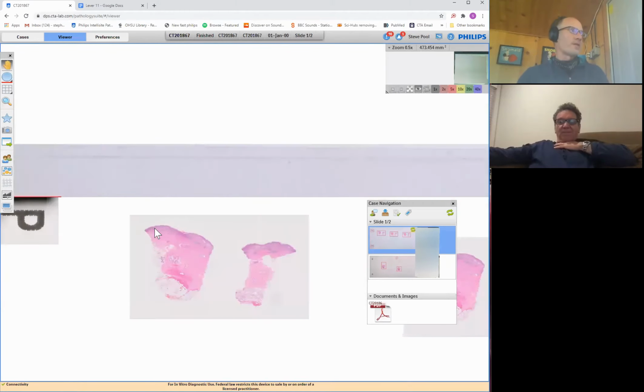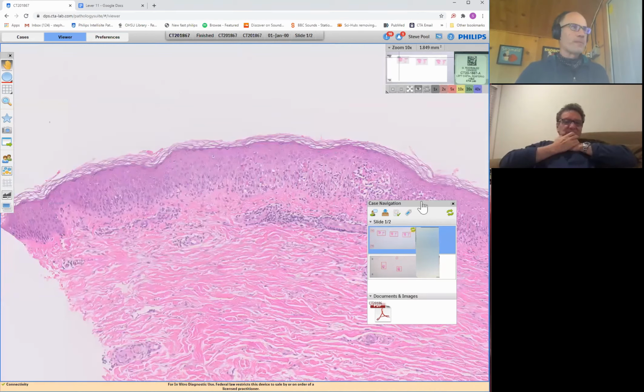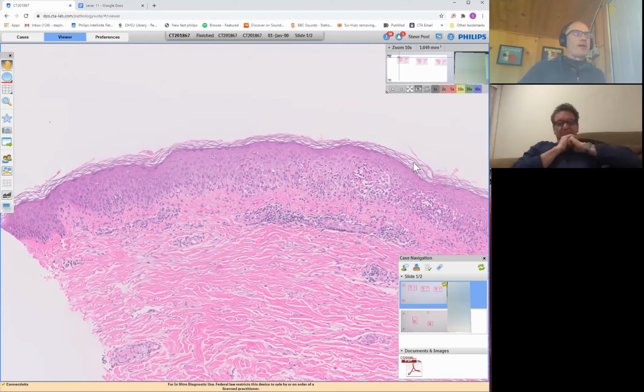Okay, so here's a punch biopsy. This is a really beautiful case of erythema multiforme. When we talk about acute processes in the skin, as I mentioned a couple of minutes ago, one of our hallmark features of an acute process is that it has a normal stratum corneum.